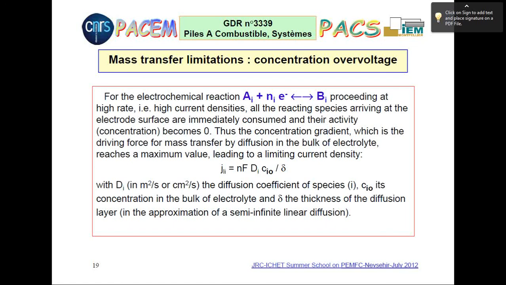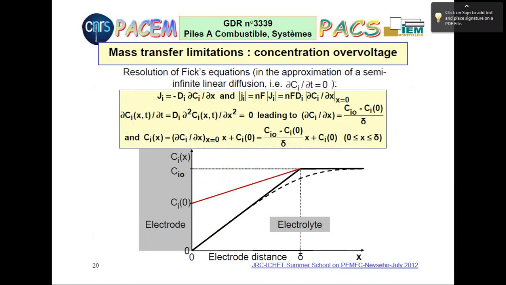And then you can solve the Fick equation in the steady state. It's a very simple solution. You have the first law: the flux density is proportional to the concentration gradient times the diffusion coefficient.